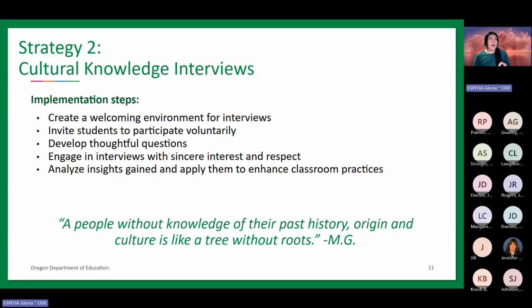And so when we talk about cultural interviews, this doesn't mean that I'm going to interview every single student in the class on one day or anything like that. I might just choose a couple, and there might be a reason why I'm choosing those students, or I might choose to do everybody, but staggered. Maybe I'm doing a few every month, and so the implementation is going to be tailored to what you're hoping to change and shift within the culture of your classroom.